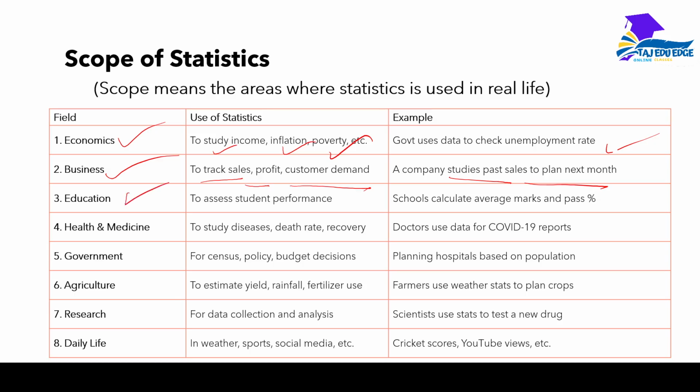Next, education. To assess the performance of the students, the attendance percentage of the students, the scoring of the students in the examination, all those data. Schools calculate average marks and pass percentage. You might have seen the hoardings outside schools and colleges showing the students who have scored the highest percentage of marks.